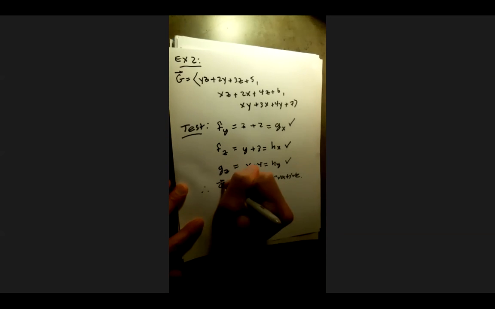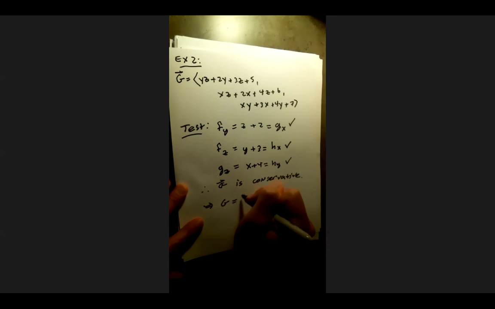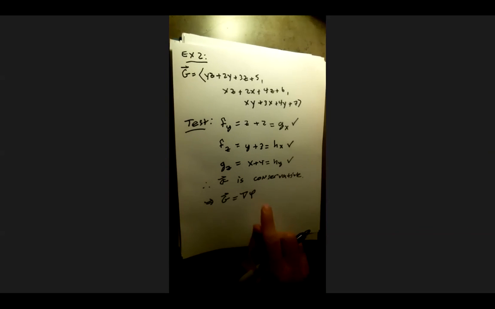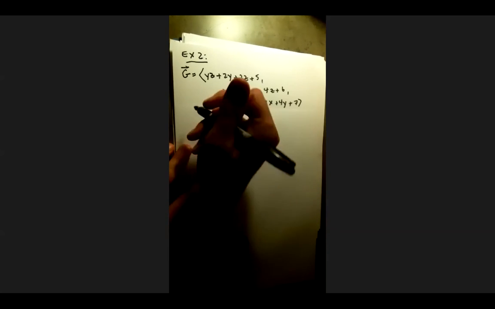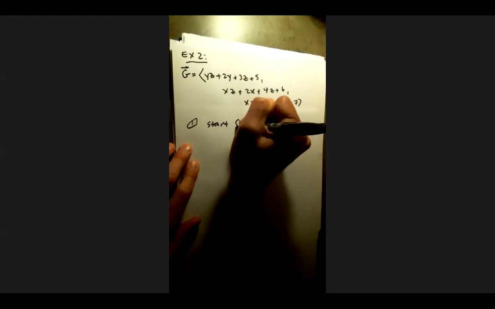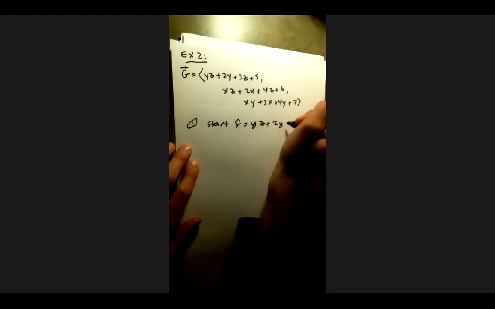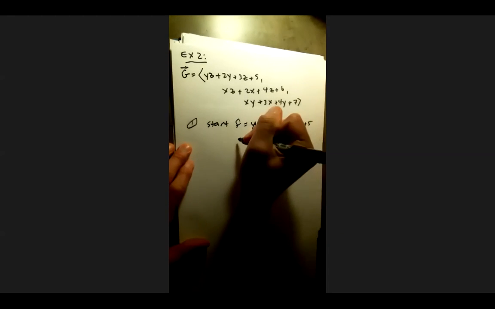That is, g equals the gradient of some potential function phi. Whew. So what is that potential function? To find the potential function, we start with f equal to yz plus 2y plus 3z plus 5, and we integrate.